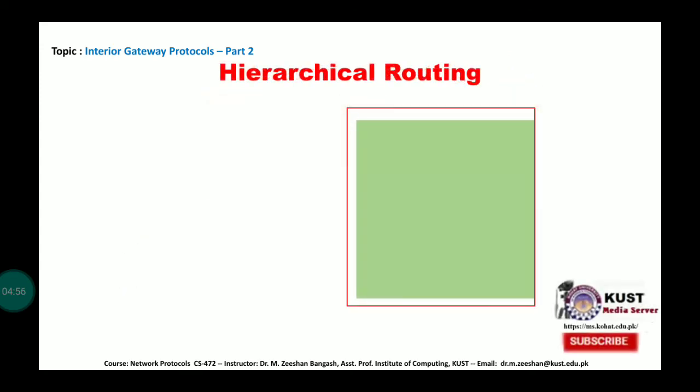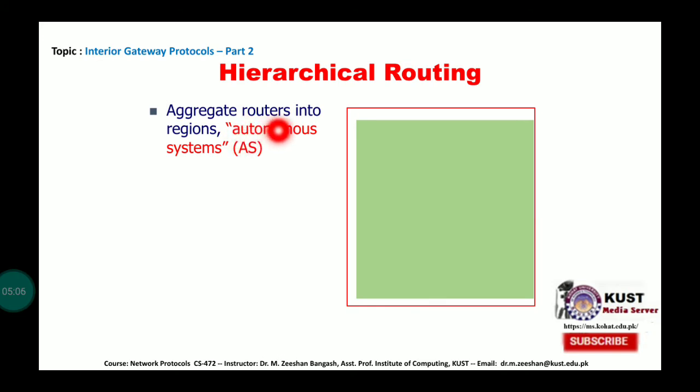Now what happens in hierarchical routing is that the whole network is divided into different independent regions, and we call them autonomous systems. We say that the aggregate routers are divided into regions, we call them AS, and routers in the same autonomous system, maybe a single administrator or a group of administrators running a single autonomous system, will be running the same routing protocol.